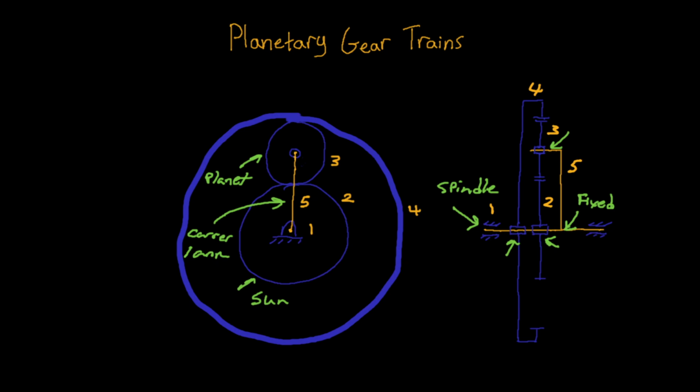Now before we get into the rolling contact equations, just as a reminder, when we talk about the angle of gears, so for example the angle of gear 2, we're referring to a vector drawn onto gear 2, so we will call this vector R2, and we reference the angle from the arm, so it would be this angle right here.